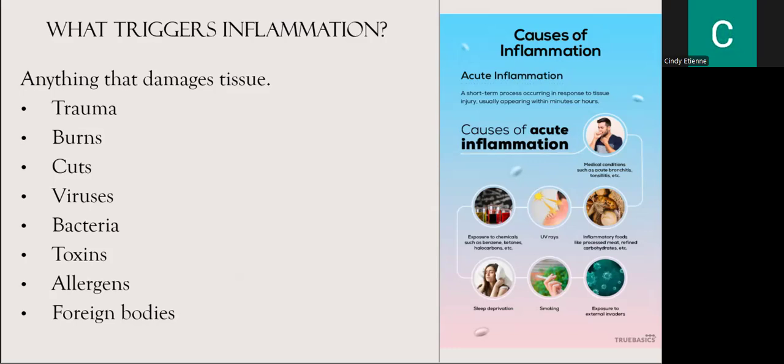In some cases, the body reacts to allergens such as pollen or peanuts, even though they are not actually harmful, leading to an inflammatory response. Foreign bodies like a splinter or a surgical suture can also activate inflammation because the body recognizes them as something that doesn't belong. No matter what the trigger is, the goal of inflammation is always the same: to contain the injury, eliminate the harmful agent, remove damaged tissue, and begin the healing process.